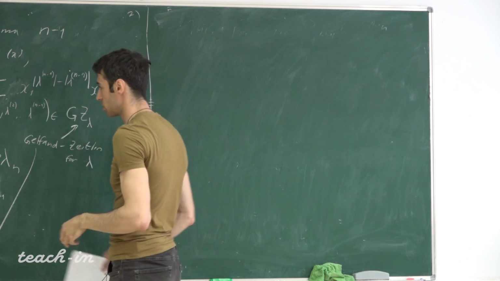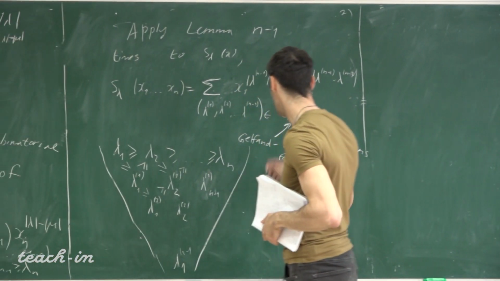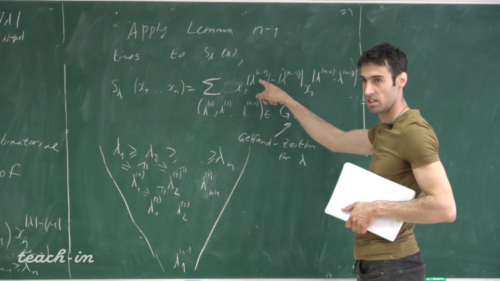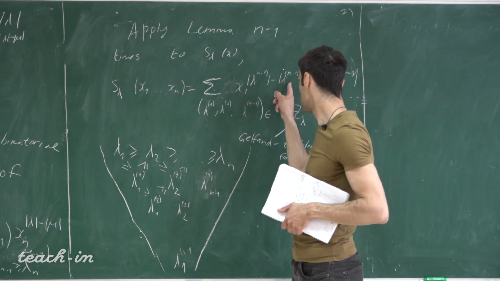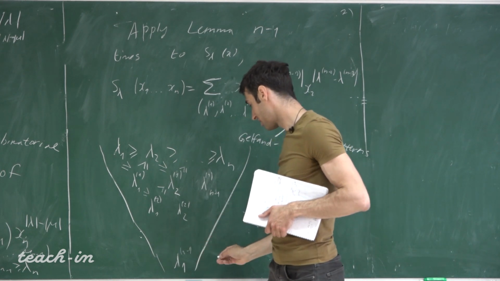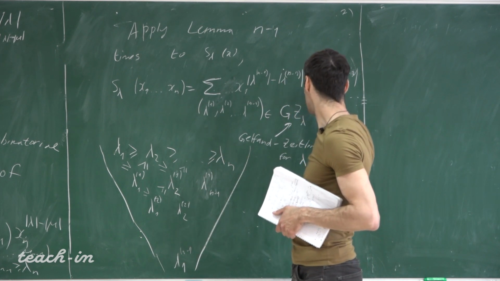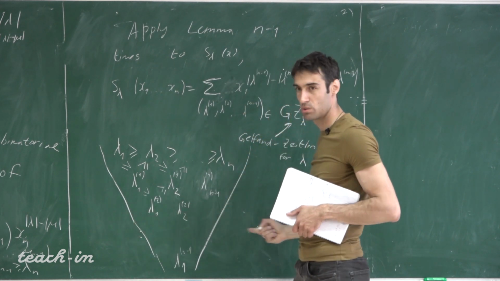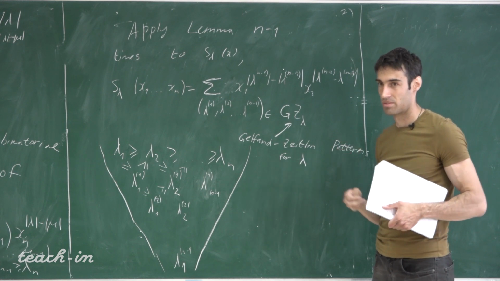So these are all partitions, right? So this is just the sum of all parts. So lambda n minus 1 is just the sum of the first row. Lambda n minus 2 is the sum over the second from the bottom row. All right. So for lambda n minus 3, you take the n minus third row and sum over all elements of the n minus third row, and so on.